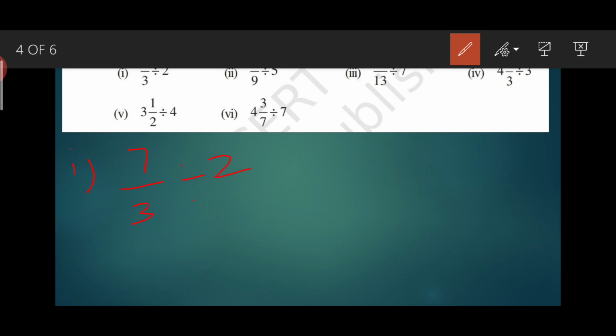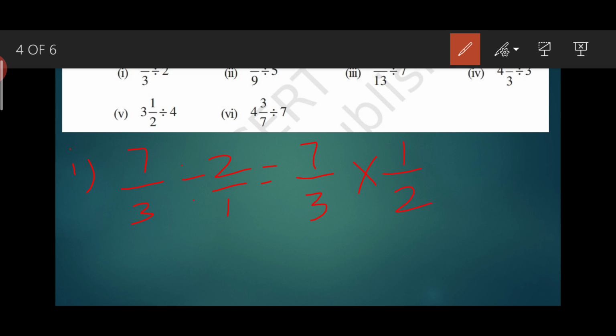So again what you have to do, you have to write 7 by 3 as it is. You have to replace division by multiplication, and if here 2 is given, so 2 means 2 upon 1. Okay, because the denominator is nothing but 1 if it is not mentioned. So you have to take the reciprocal of 2 upon 1. So a reciprocal of 2 will be 1 upon 2.